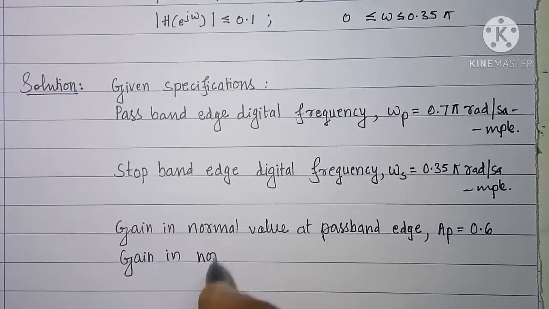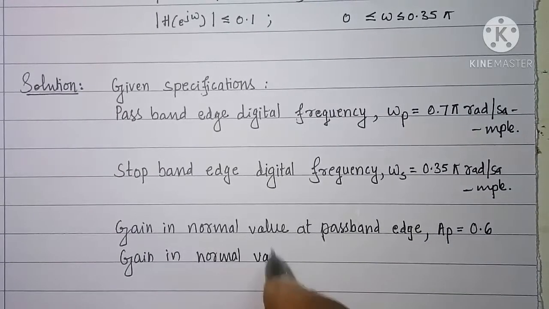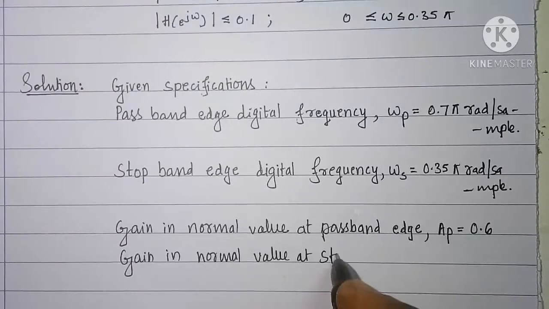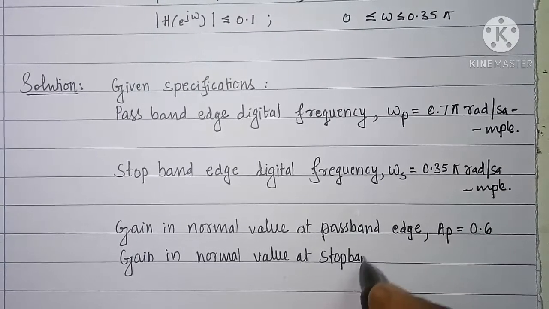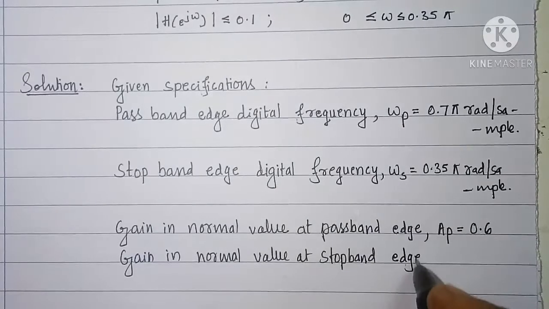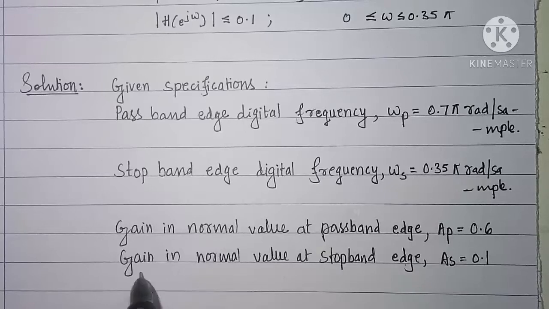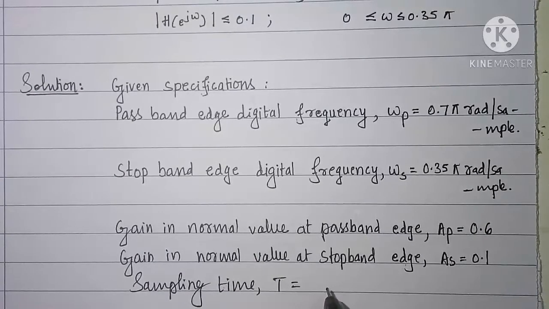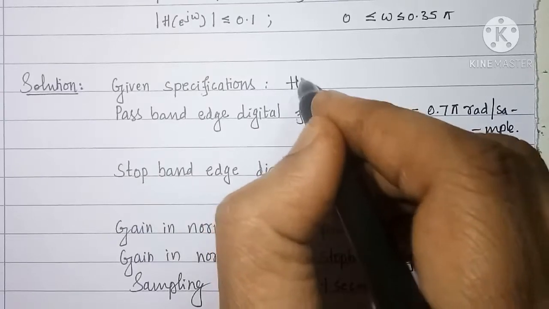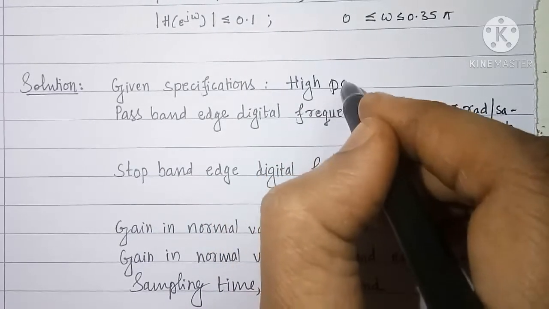Gain in normal value at stop band edge AS is equal to 0.1. Sampling time T is given as 0.1 second. These are specifications of high pass filter.